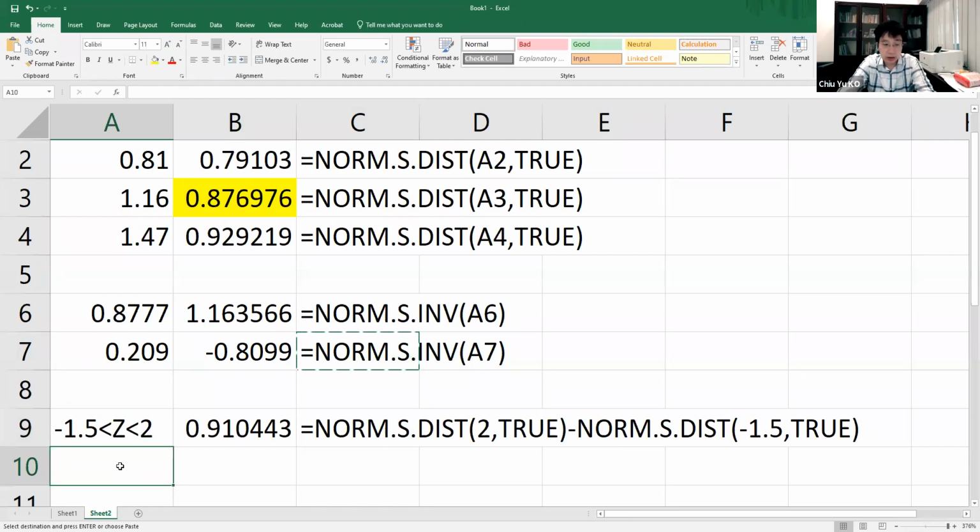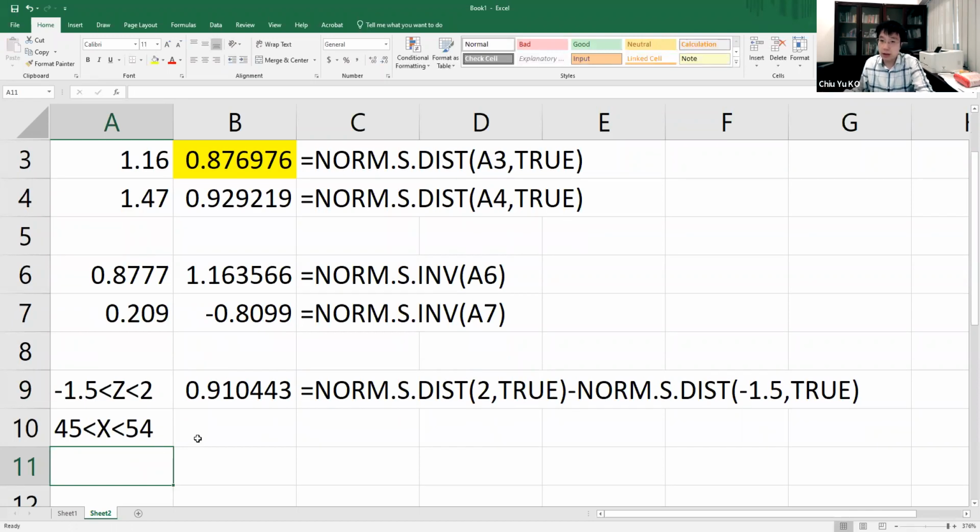But we can do it by using the normal distribution directly. We want X between 47 and 54, and we know the mean is 50 and standard deviation is 2.